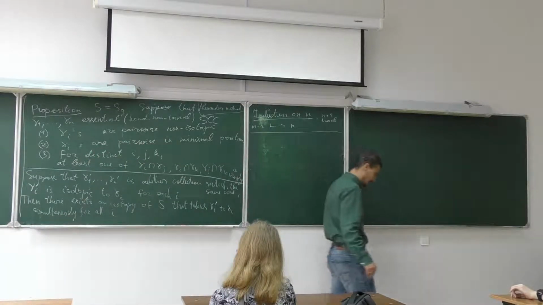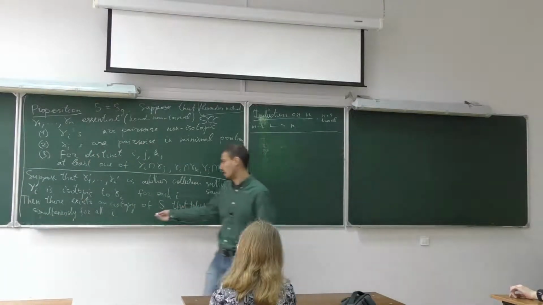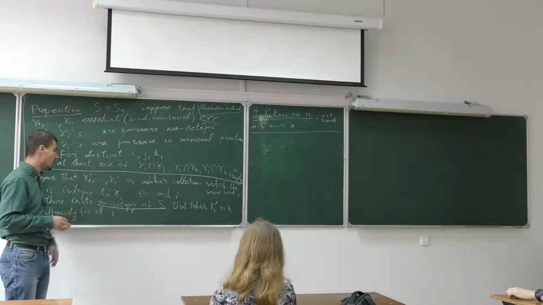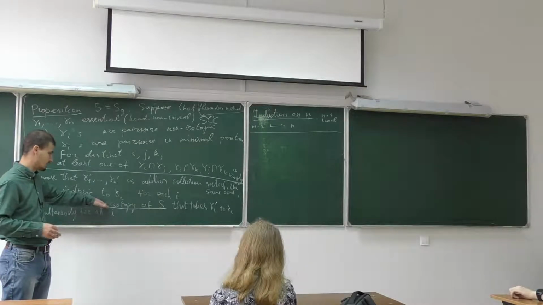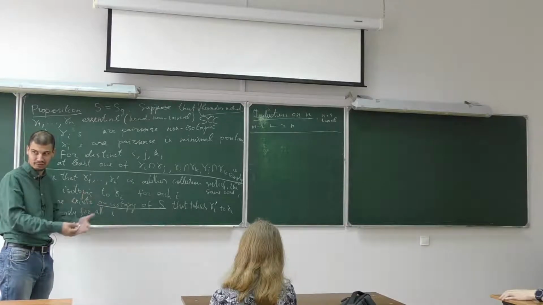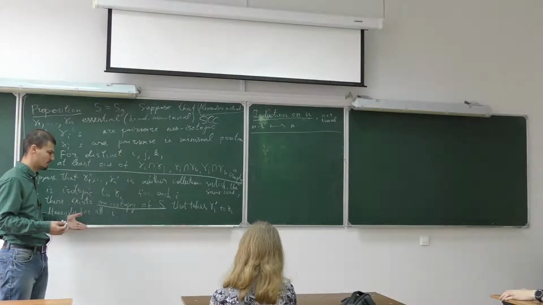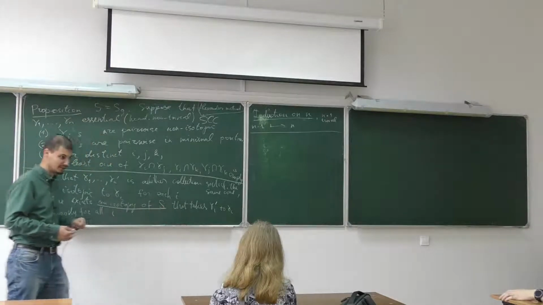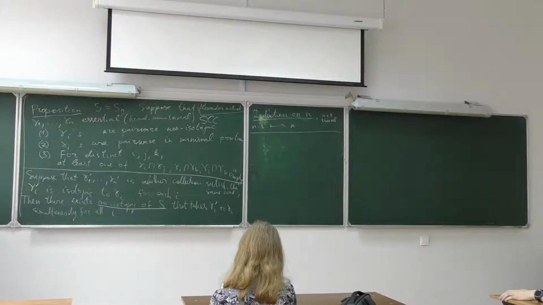Yes, this is true what you say, but actually I just claimed that there is an isotopy of the whole S. The induction hypothesis is that there exists an isotopy of the whole S. So we can take the first n minus 1 curves and apply the induction hypothesis.